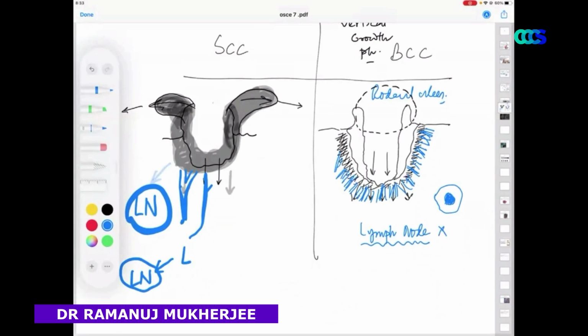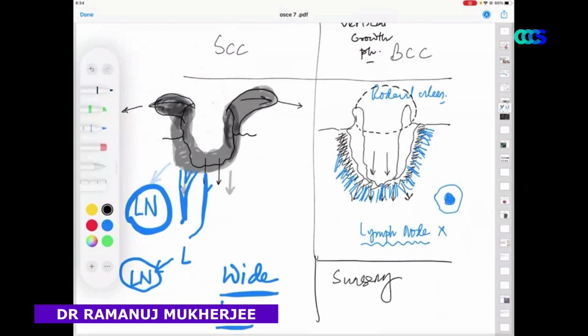Squamous cell cancers are treated by a wide local excision with varying margins, about 1 centimeter on average. What is the nature of surgery for a basal cell cancer?